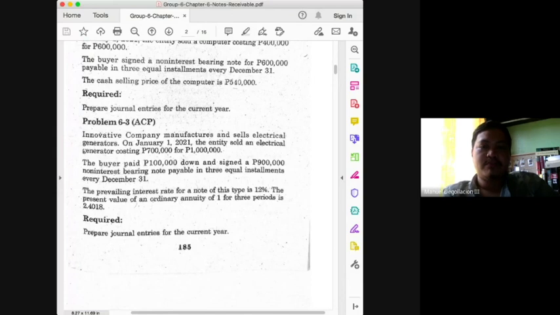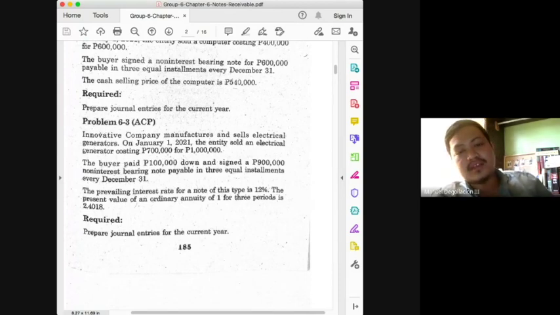So that presumption will apply here because the note is non-interest bearing. Even though we say that it is non-interest bearing, the consequence is that the face value of the payments will just include the implied interest. It's different if it was interest bearing. The face value of the note will already be its present value today.